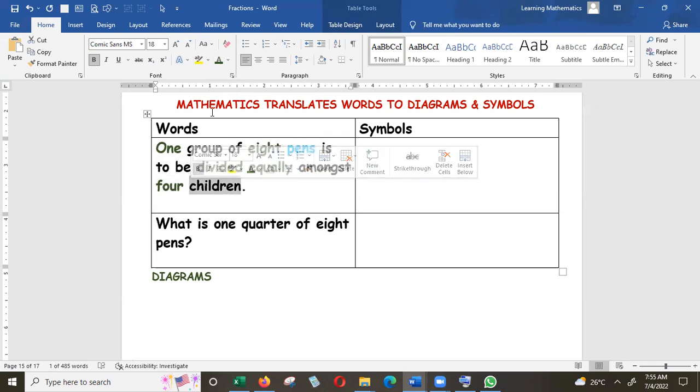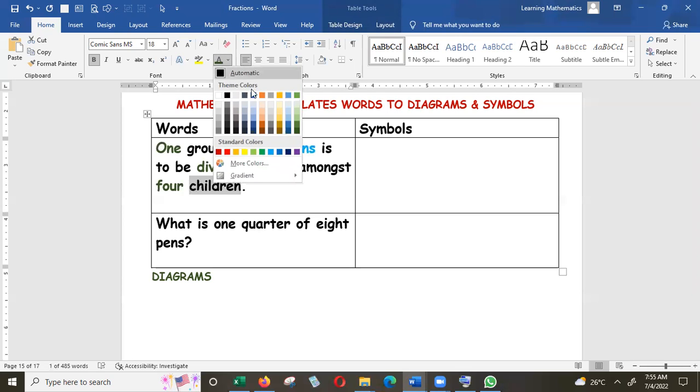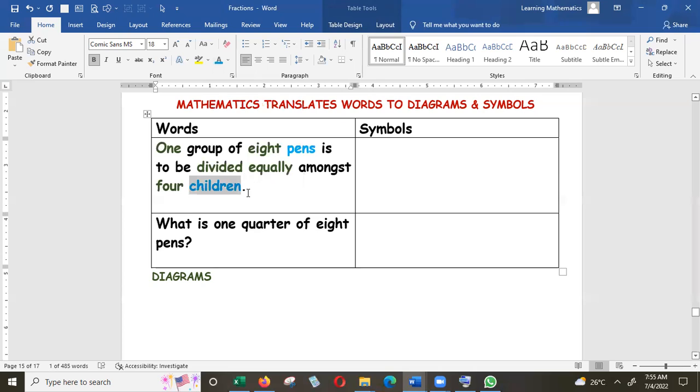Children is not an important word in mathematics. It's not really a quantitative word. Always saying more than 1 children, plural, but we all know who are children. So therefore now we can use diagrams for it.